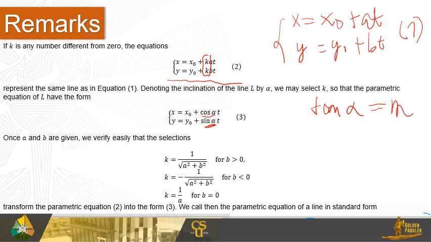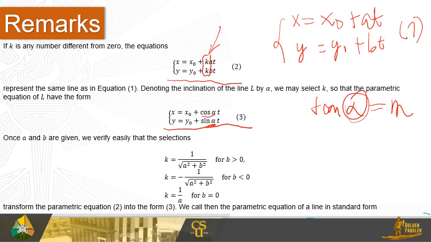So we take the alpha and substitute it into cosine of alpha t and sine of alpha t as the k. This is the k that we select. Then this is the form. So we have equation 3.